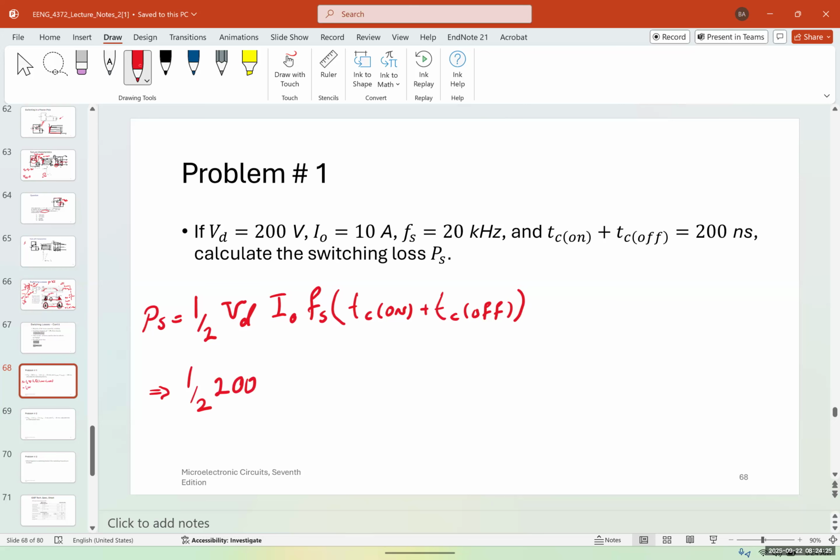It's 200. What is I out? 10 amps. Fs is 20 kilohertz, or 20,000 hertz. And Tc on plus Tc off is 200, but it's in nanoseconds, so times 10 to the power of negative 9. Multiply all of them, we get 4 watts.